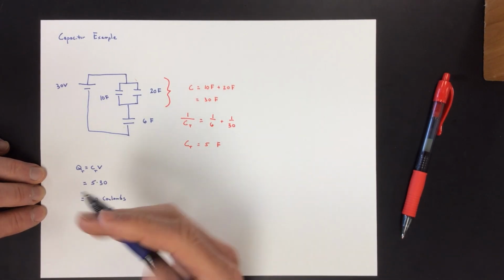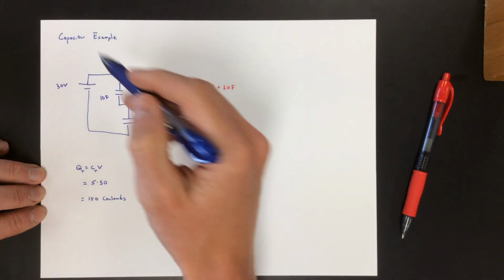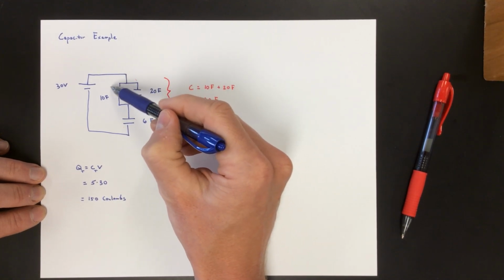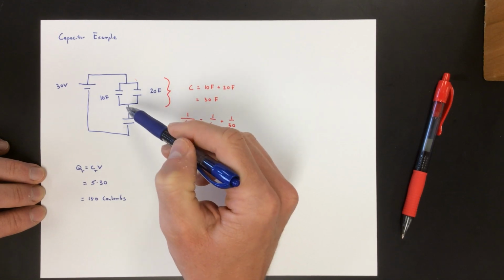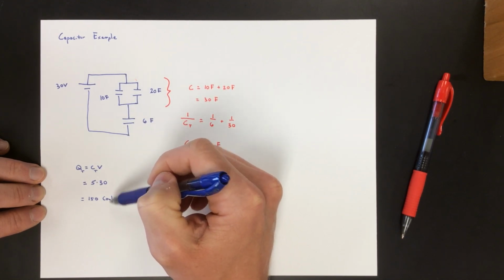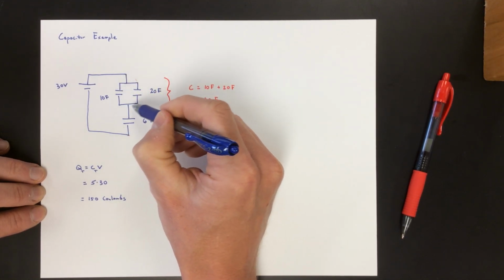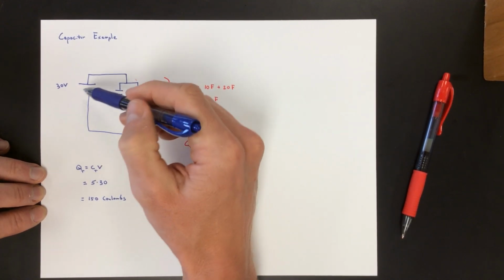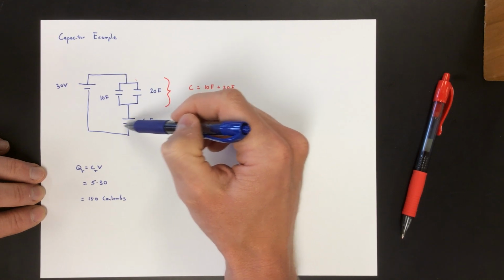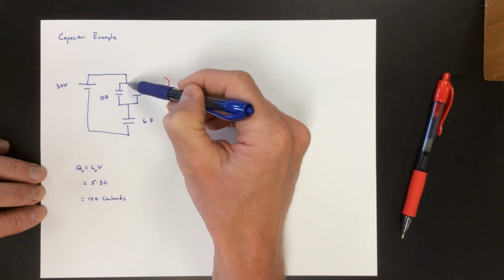And now you have to think, okay, how do these work? Well, just like they do in resistors. If this thing is in series with this thing, they're all getting 150 coulombs. So this combination gets 150 coulombs of charge, and this gets 150 coulombs of charge, because that's how it works. You take this battery, and it takes charges from down here and chucks them up here.